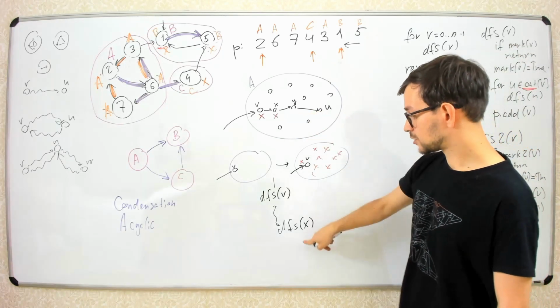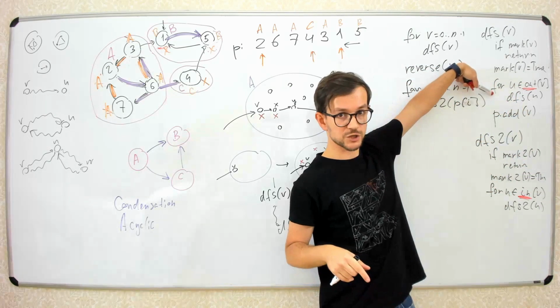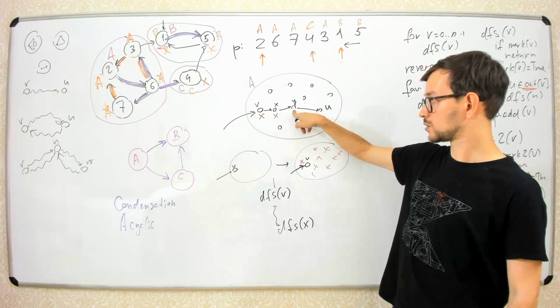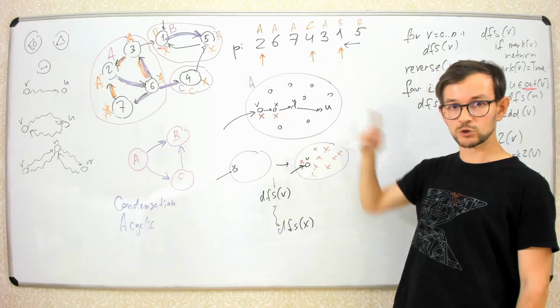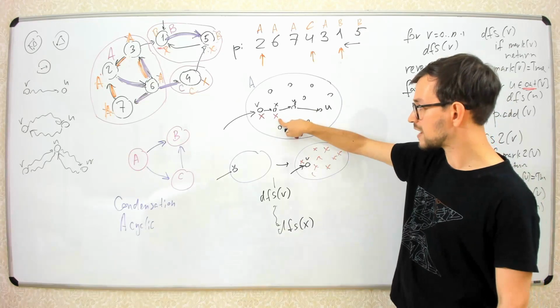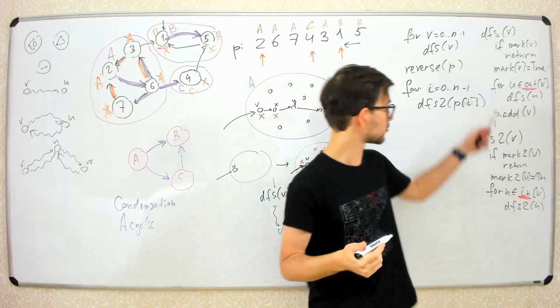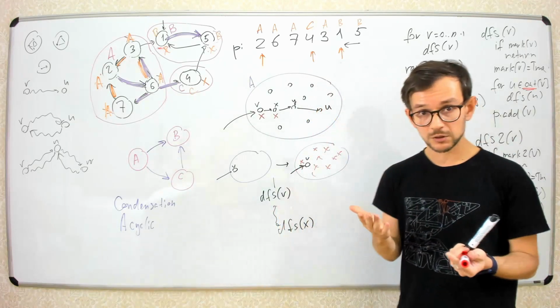But when we exit node X, we must iterate through all edges from X. So we must see this edge from X to Y and mark this node Y. So it couldn't happen that X is marked but Y isn't, because we iterate through all edges from node X.